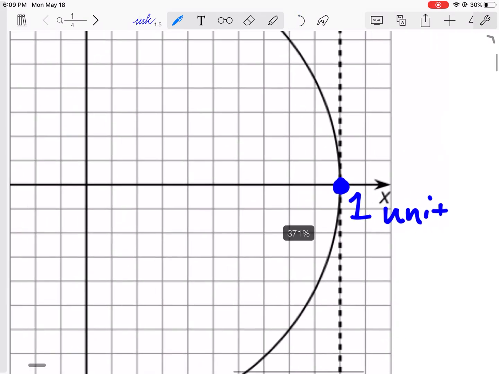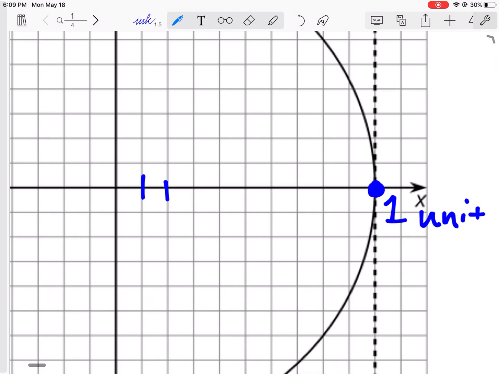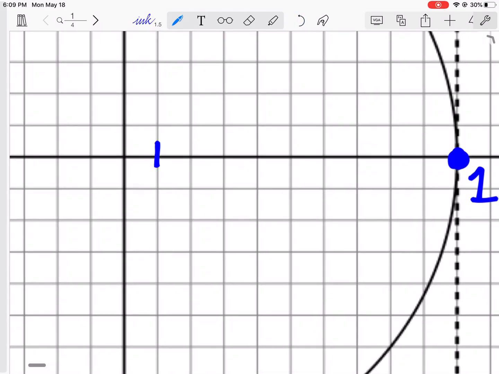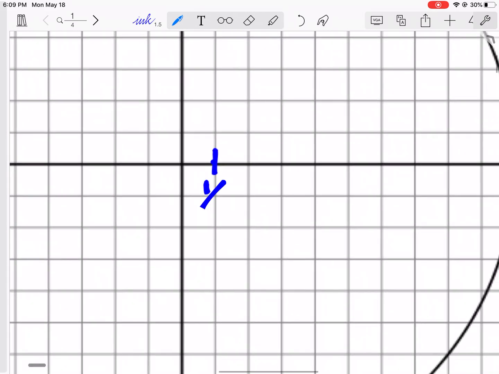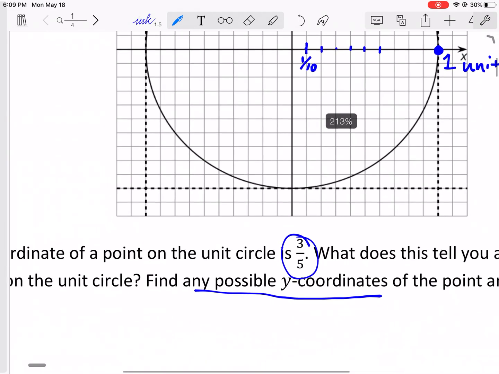That's going to be helpful because we can break every tick mark into fractions. Like this would be 1/10, because we have 1, 2, 3, 4, 5, 6, 7, 8, 9, 10, all the way out. So this mark right here would be 1/10, would have 2/10, 3/10, 4/10, 5/10, 6/10, and so on.